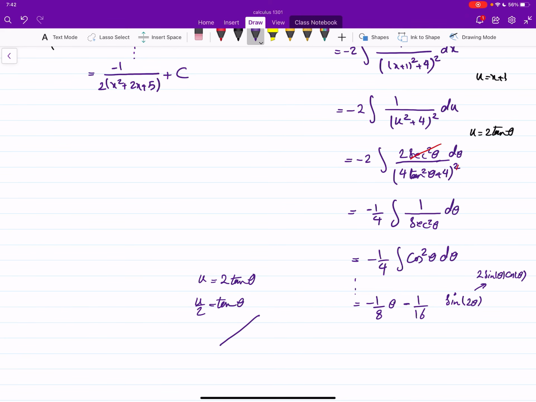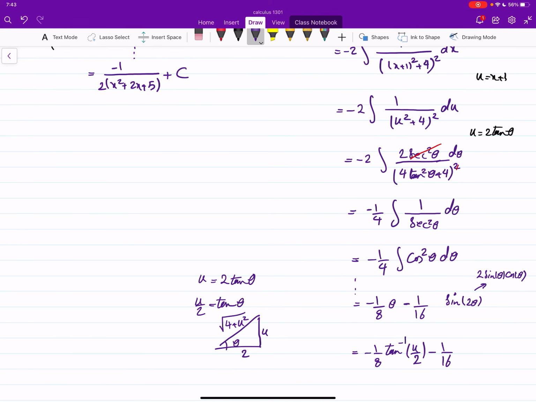So the reference angle you have there, this will be u opposite to adjacent, so this will be √(4 + u²). And what you will find here is negative 1/8 tan⁻¹(u/2) minus 1/16.